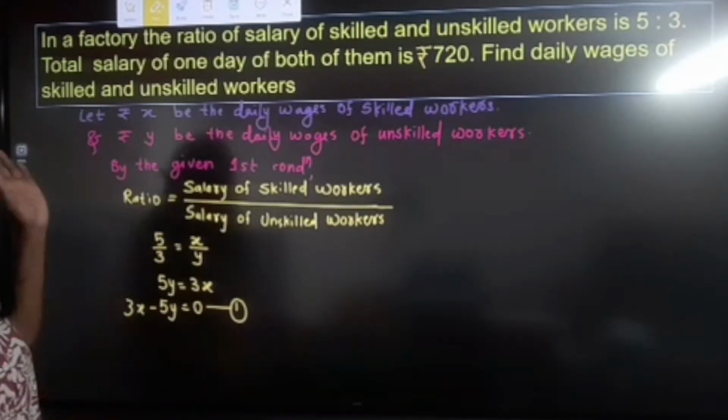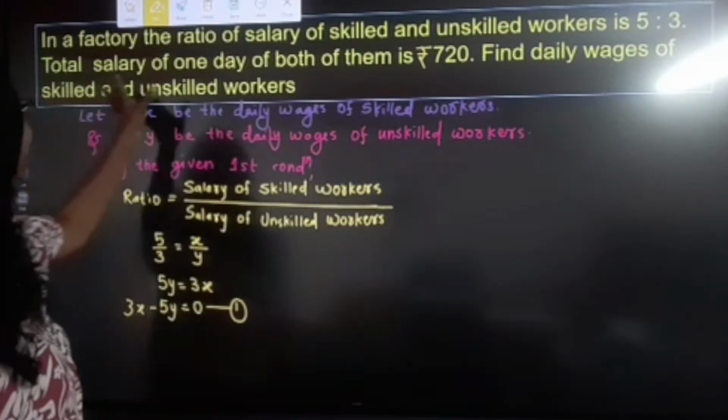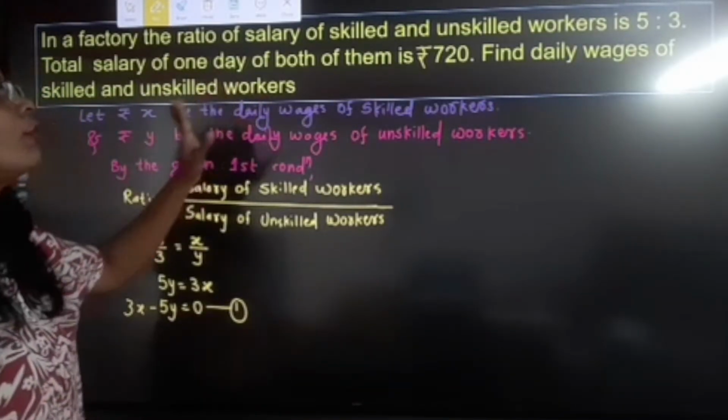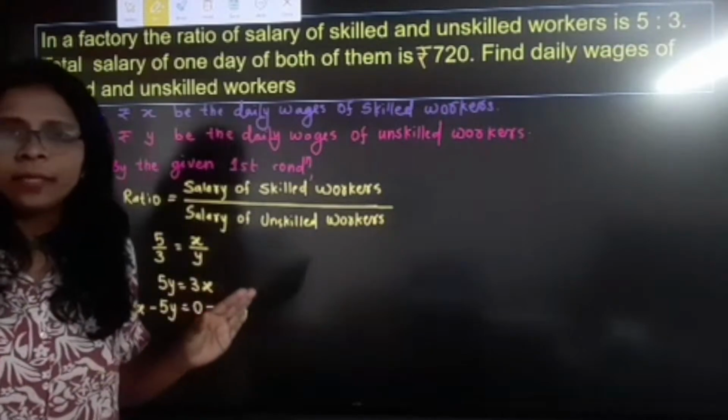Now the second condition is that the total salary of one day of both of them is rupees 720.